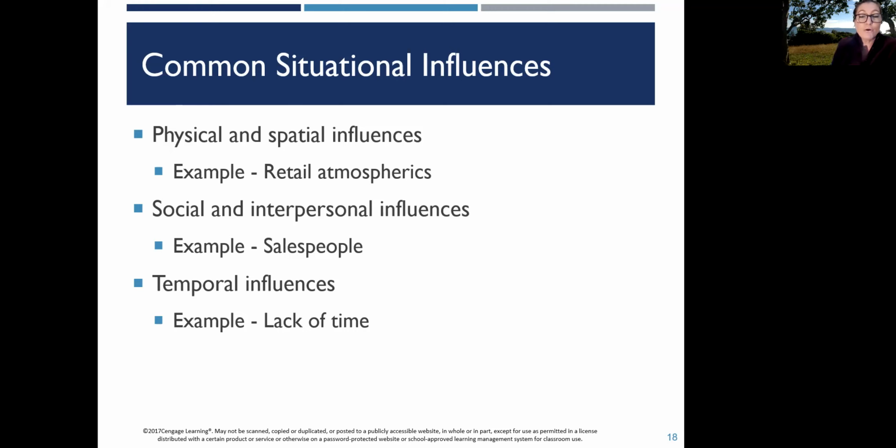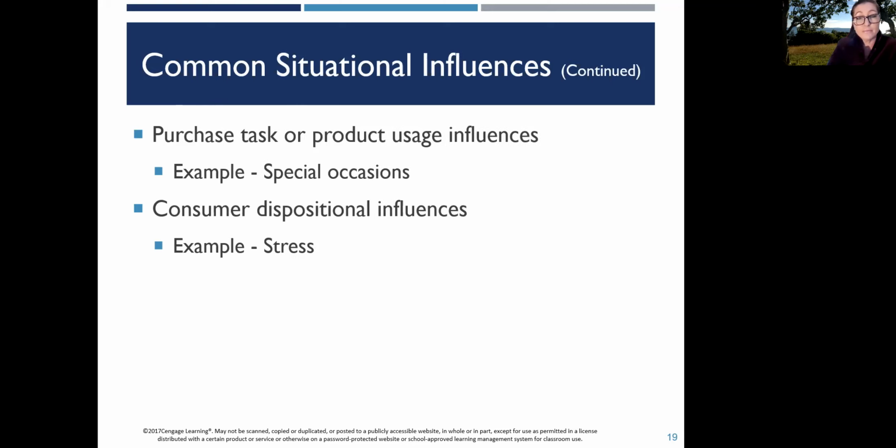And then there's temporal influences, and what we're talking about here is whether or not the consumer is in a rush, for example. Other situational influences include the purchase task or the purchase usage.